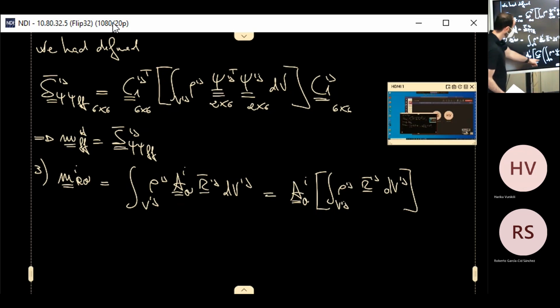Okay, and all of this here, the one on the integral within round brackets, is by definition something that we have already defined, which is S Cij.